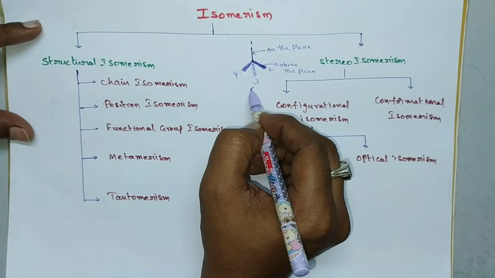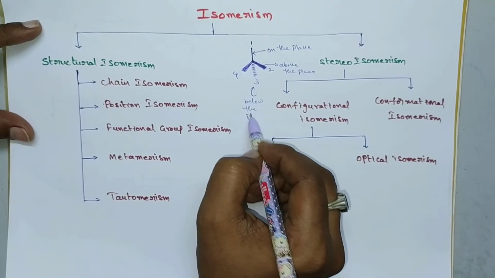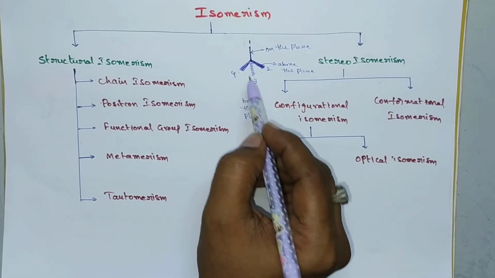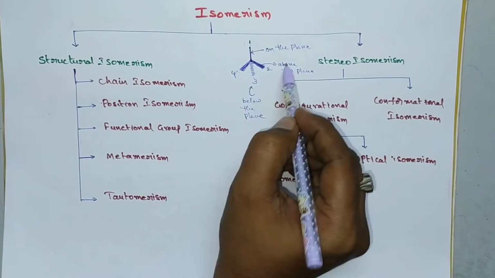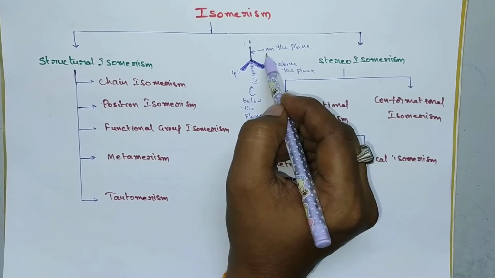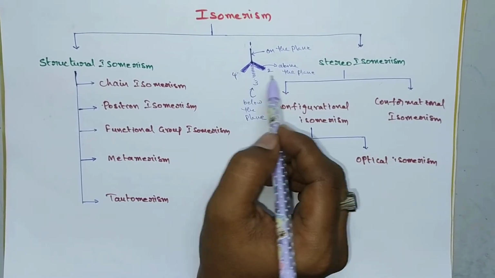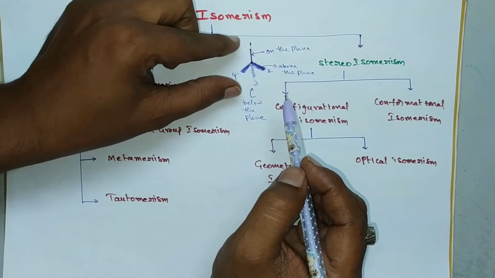The third is present below the plane. The element below the plane is represented by dotted lines, the elements above the plane by bold or thick lines, and the element on the plane by a single line. Clear? In this way we can arrange a three-dimensional molecule on two-dimensional paper.